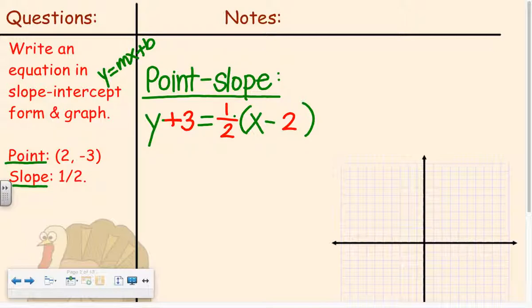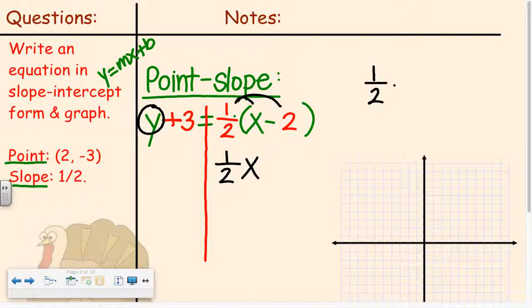If I want to get my answer into slope-intercept form, I have to get y all by itself. So I start by distributing. 1/2 times x is 1/2 x. Then 1/2 times -2: 1 times -2 is -2, and -2 over 2 is -1.